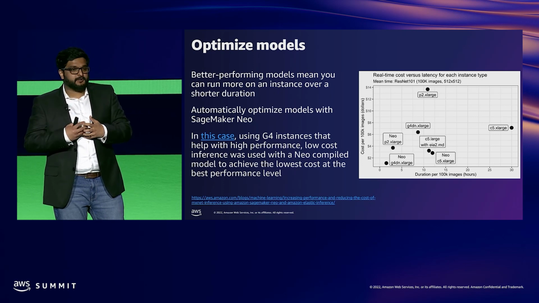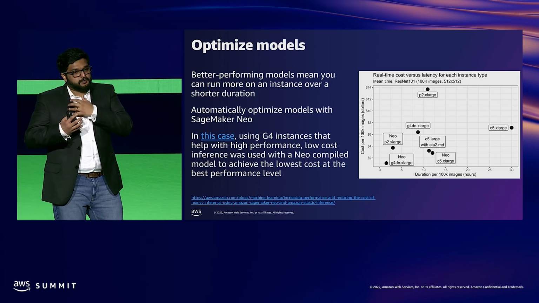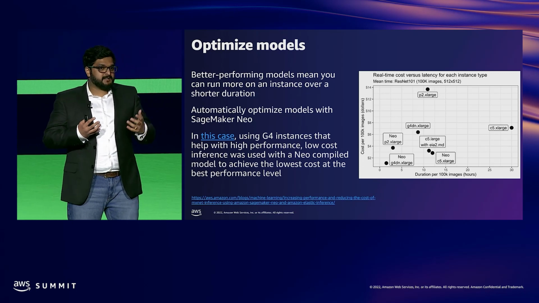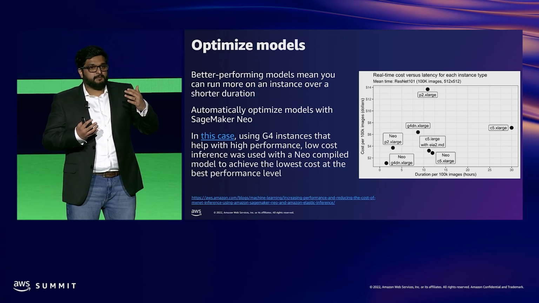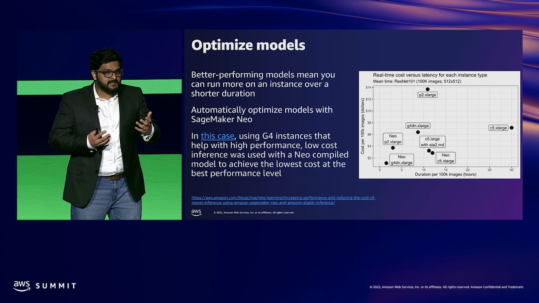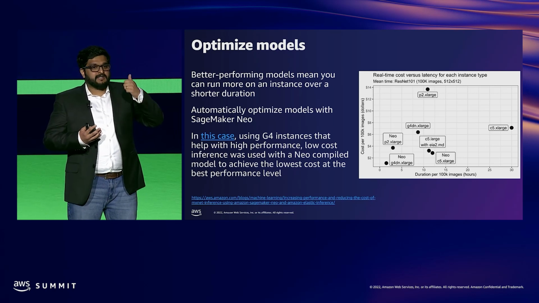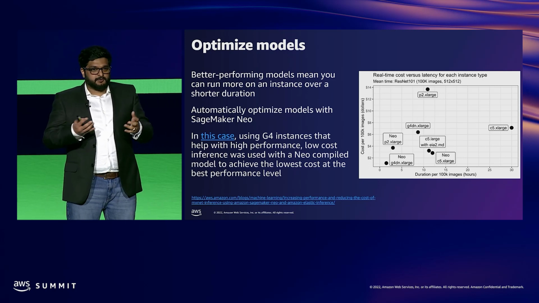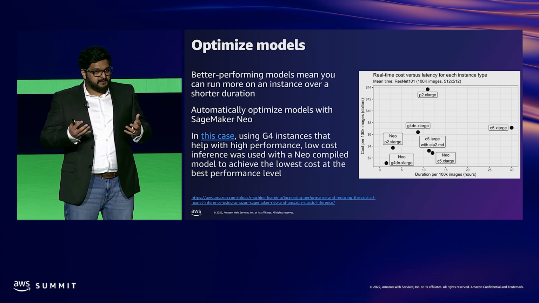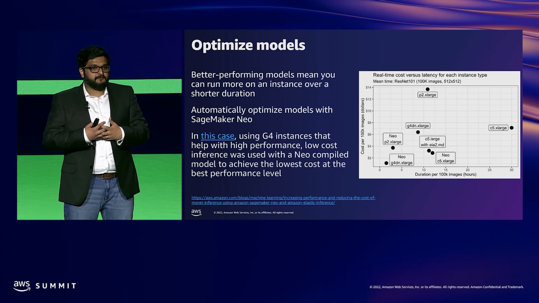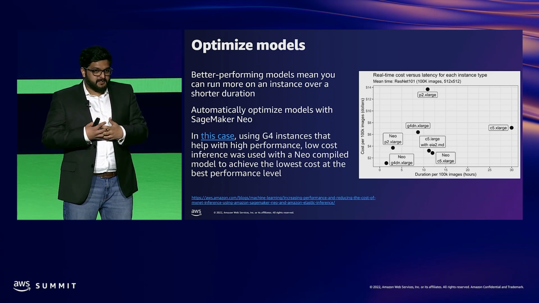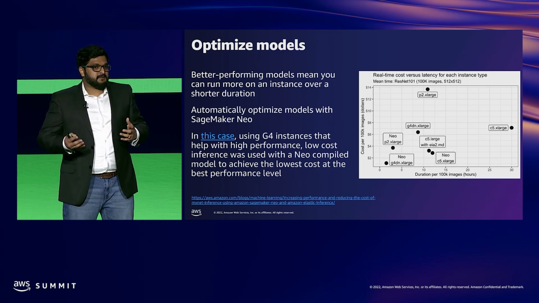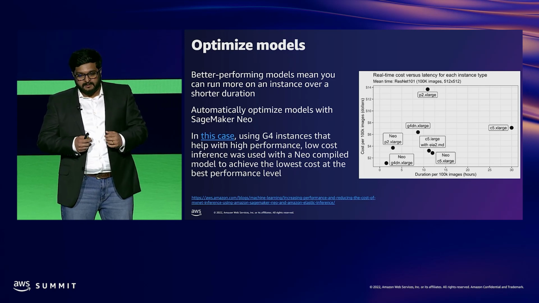Let's say for a G4DN instance, it was able to do more, increasing the number of models you could deploy on an instance rather than using one model per instance, right? We also encourage you to check NVIDIA Triton, which is a great offering which we host on SageMaker as well, and AWS Inferentia, which allows you to run on instances which have higher capabilities as well.